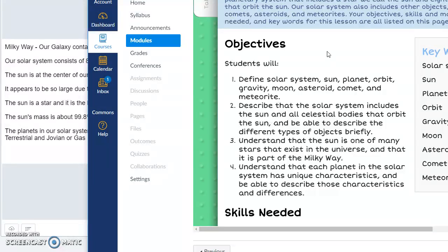Make sure you've got those in your notes. Describe that the solar system includes the sun and all celestial bodies that orbit the sun, and be able to describe the different types of objects briefly, so meteorites, asteroids, comets. Understand that the sun is one of many stars that exist in the universe and that it is part of the Milky Way. And then lastly, understand that each planet in the solar system has unique characteristics, and be able to describe these characteristics and differences.